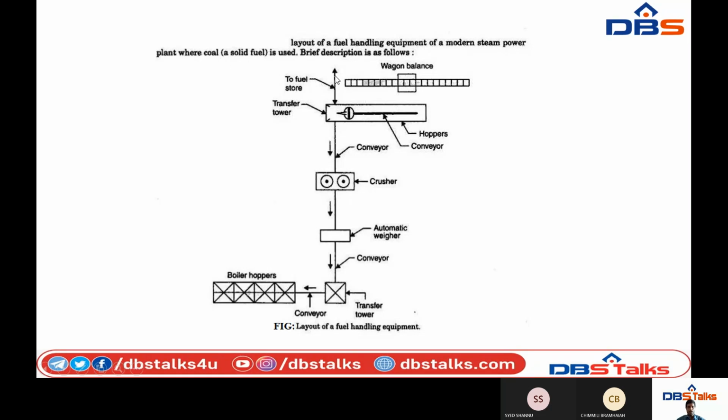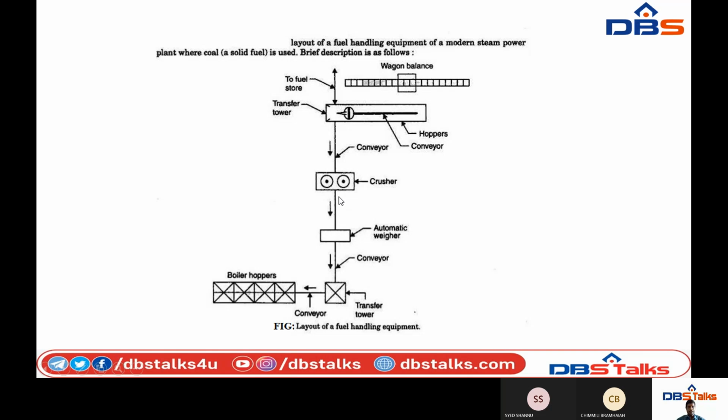The solid fuel is first sent from fuel storage to hoppers using conveyors. Then again a conveyor is used for sending the coal into the crusher. The crusher splits the coal into 10 mm or 20 mm pieces based on our requirement.